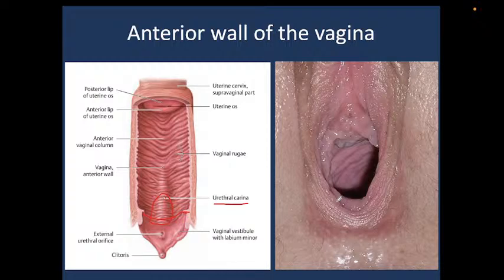in the 60s of the last century, a lot of discussion was about the point G, or G spot, on the anterior wall of the vagina.